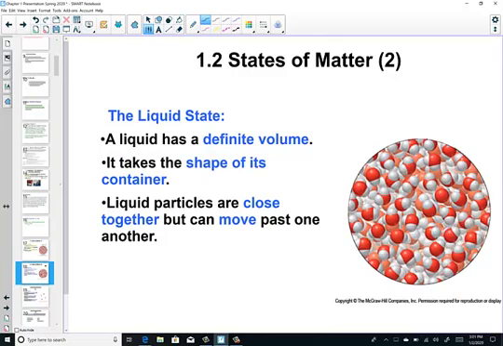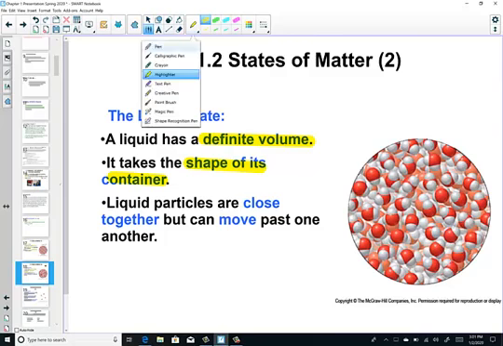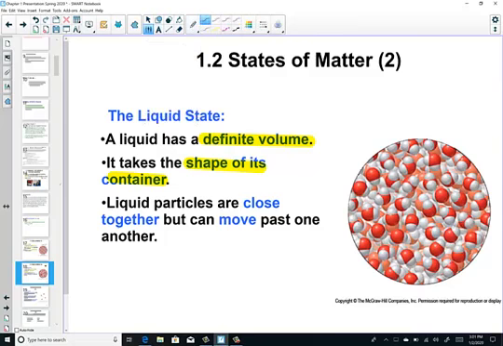And if you compare that to the organization of the liquid state, a liquid has definite volume. However, it takes the shape of whatever container you put it in. So even though the molecules are close together, they can move past one another. And that vocabulary word is flow. Those molecules have the ability to flow past one another, therefore changing shape depending upon its container.